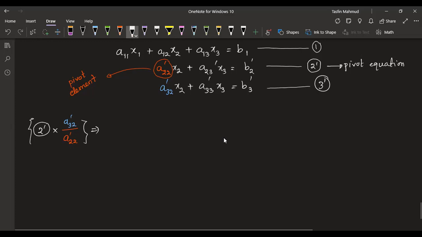So what will happen now? Let's take this coefficient. I have to write faster.